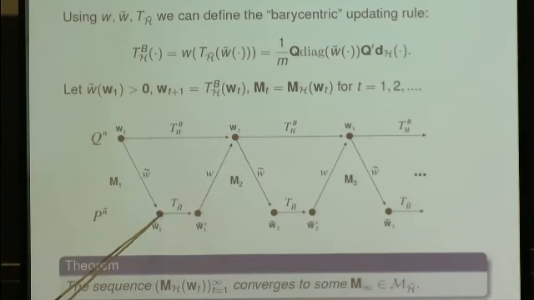Then we apply the multiplicative transformation in the large space to obtain some other design, a design that will be better in the sense of optimality, because it's the property of this multiplicative updating rule.